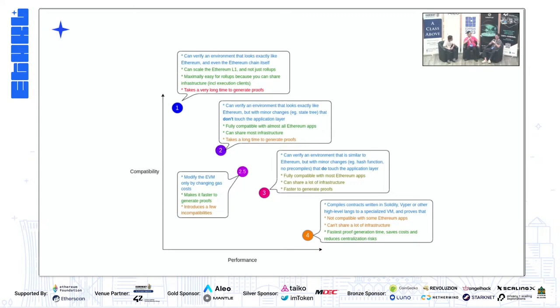Right. So to know about why zk rollups exist, you also need to know about the other type of rollup, which is the optimistic rollups. The main difference between optimistic rollups and zk rollups is the proofs, right? Proof being how you verify whether an L2 block is valid or not.